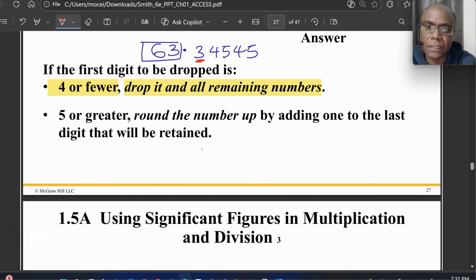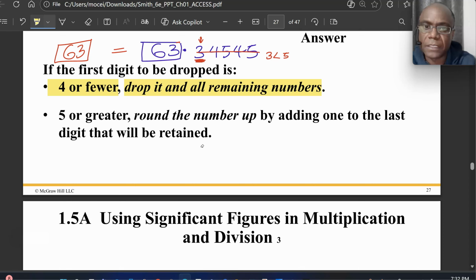But looking at the first digit after what I've boxed, it's less than 5. 3 is less than 5. So I'll drop the 3 and all the rest. In this case, to report this to 2 significant figures, I would have just said 63. In our case, we had 8 here. So we rounded up the 3 to 4, which is the second rule.